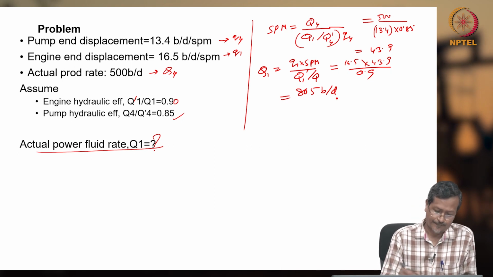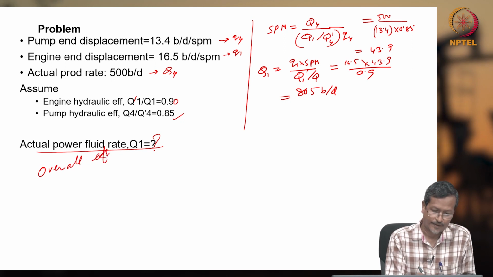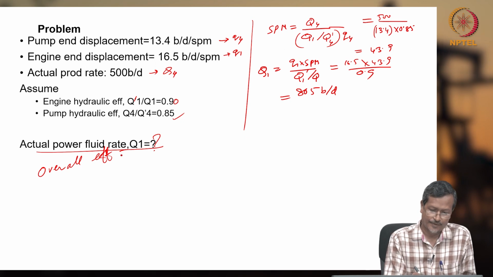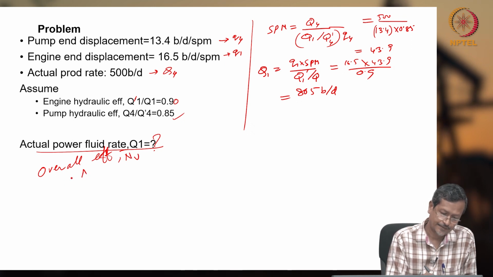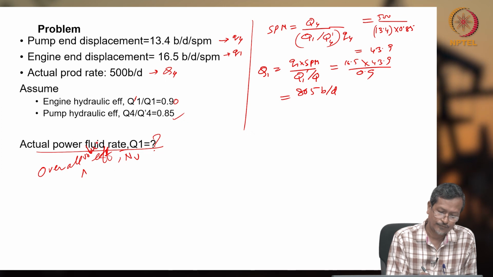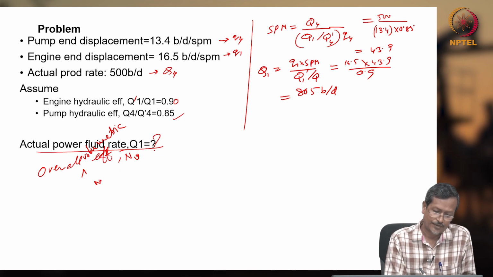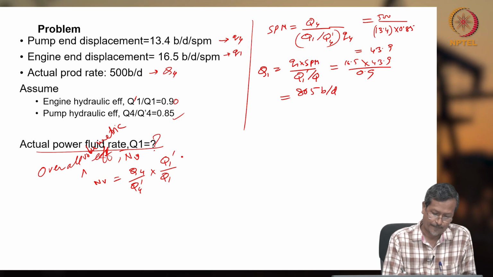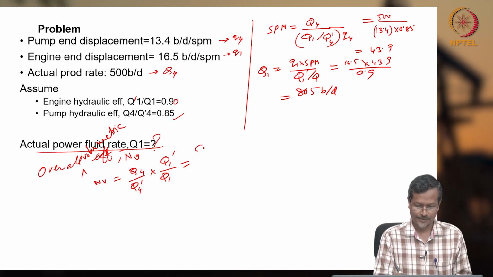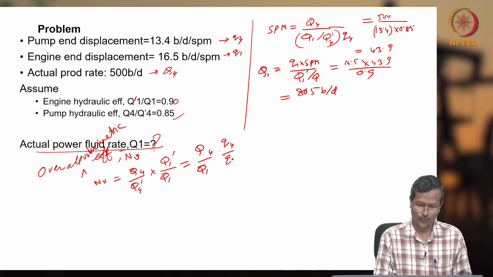Now overall efficiency. If overall volumetric efficiency is NV, then NV equals Q4 by Q4 dash into Q1 dash by Q1, which gives Q4 by Q1 into q4 by q1.